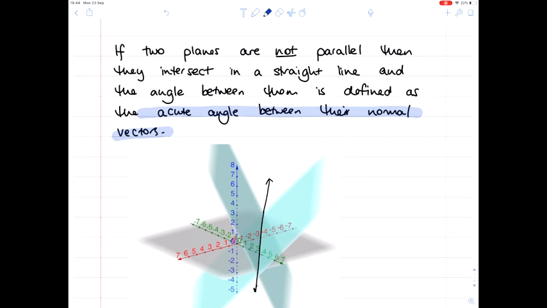So you can imagine that this plane here might have a normal vector doing something like this, and this plane here has a normal vector doing something like that. And if we take the acute angle between them, so one like so and one like so, the acute angle between them is defined as the angle between the planes. So here it looks like a right angle, but it wouldn't necessarily be.